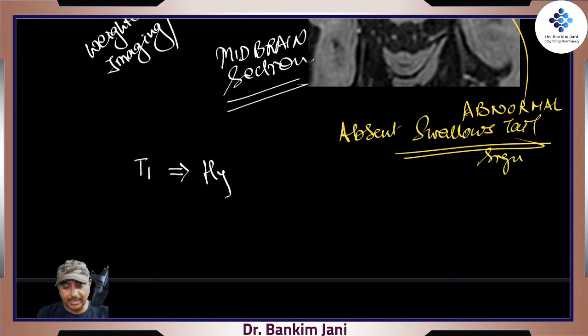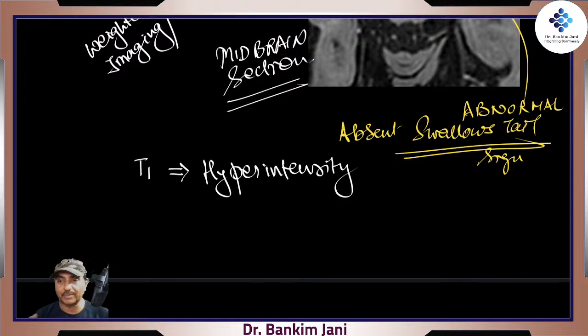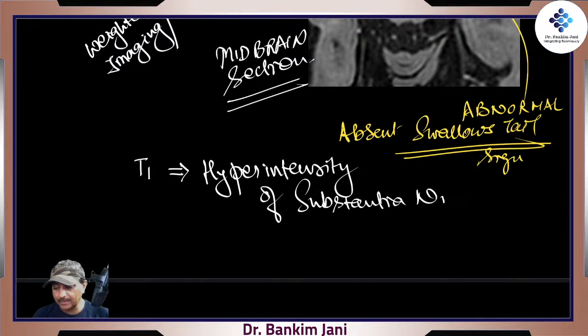There would be hyperintensity. Hyperintensity means it would look white. It will look white. Hyperintensity of the substantia nigra and red nucleus.